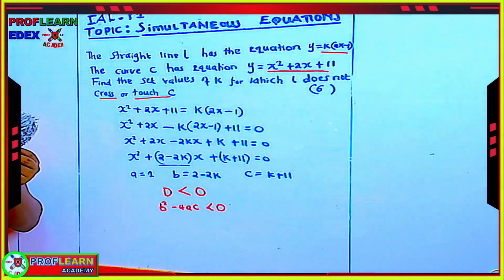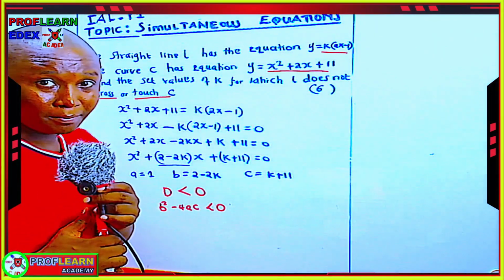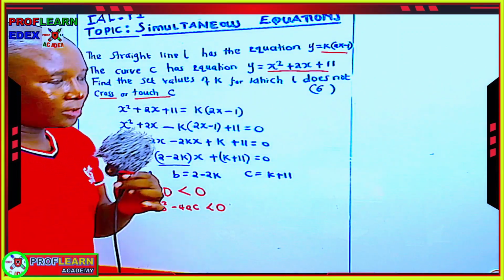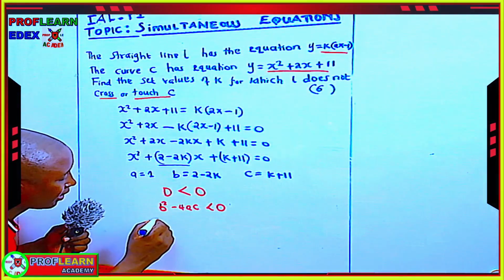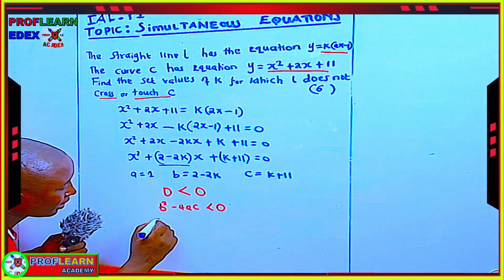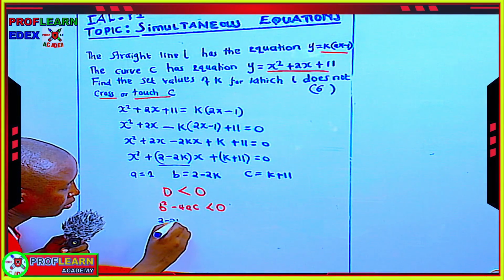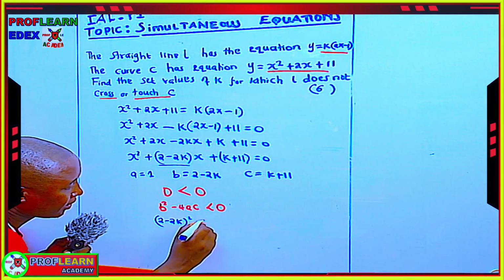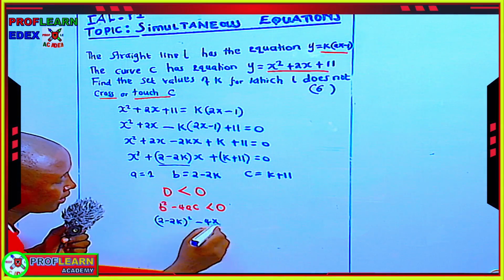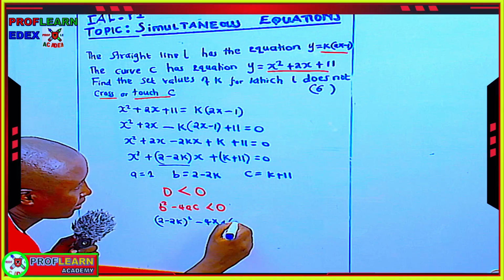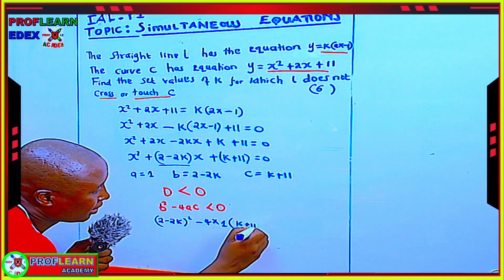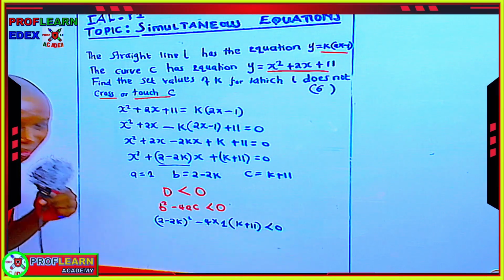That's the formula we're going to use. Substituting into the formula, b is 2 minus 2k, squared, minus 4 times a, where a is 1, times c, where c is k plus 11, less than 0.